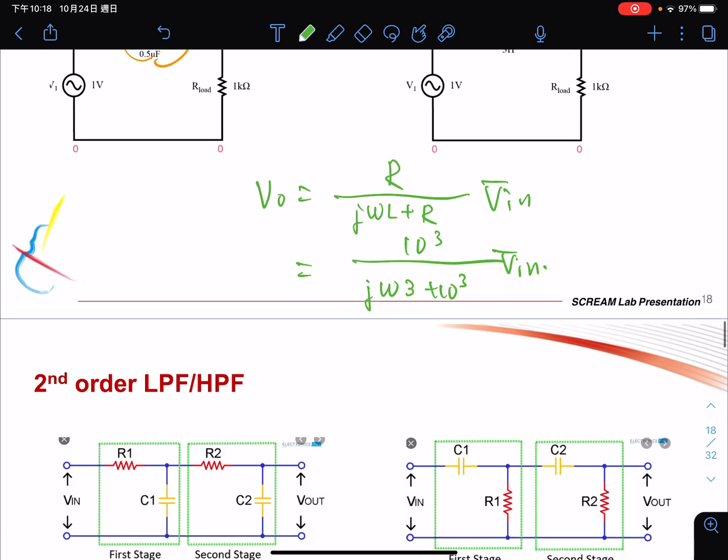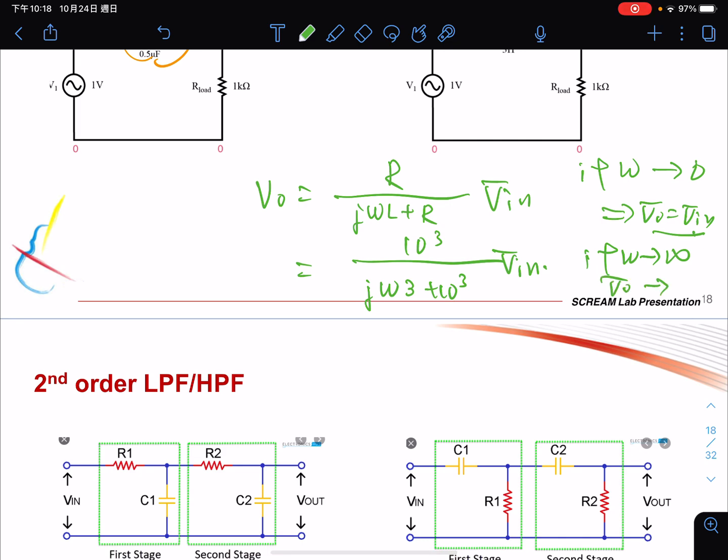So as we can see, if omega goes to 0, then V out will be equal to V in, right? But if omega goes to infinity, then V out will go to 0, right?